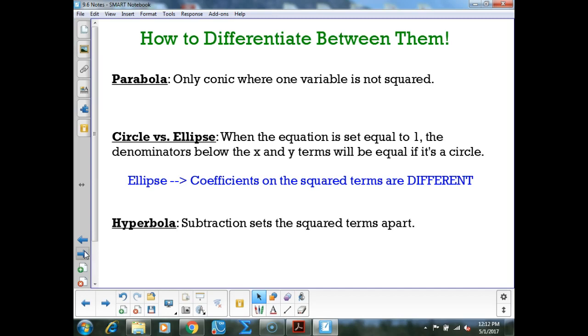Well, the easy one to figure out is the parabola. The parabola is the only conic where only one variable is squared. On the other three conics, both x and y are squared. In a parabola, only one of them is squared.